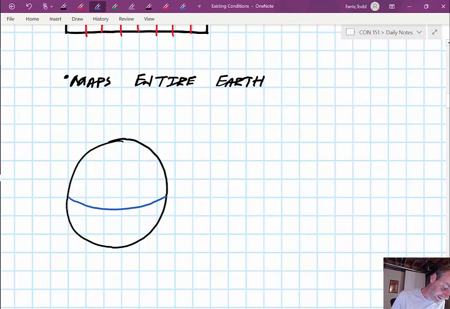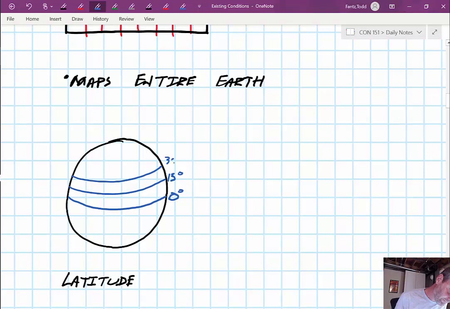And on the equator, that's our 0 degree latitude. So let me jot that down so we don't forget what we're talking about here. And then it's working its way up or down based on degrees. So the next line up here would be like the 15 degree latitude, and then 30 degree, 45 degree, 60 degree, and at the very top, right by the North Pole, would be your 75 degree latitude.